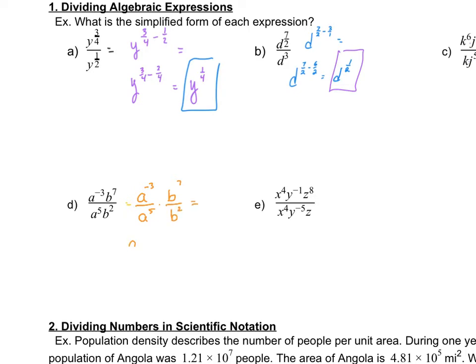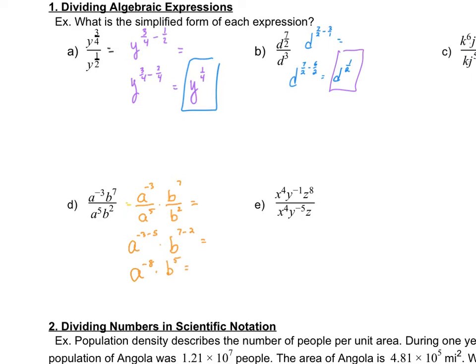And I end up with a to the negative 3rd minus 5 times b to the 7th minus 2, which gives me a to the negative 8 times b to the 5th.